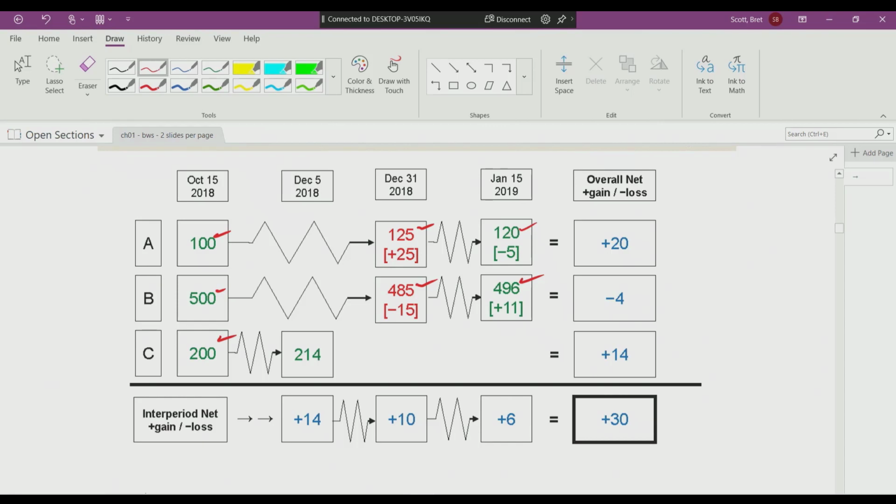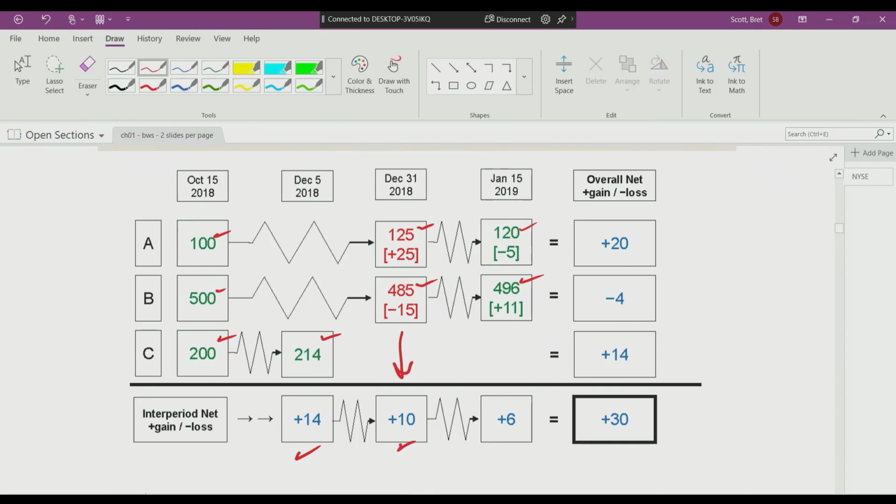So the way I sort of draw it out here is I like to get an overview from a chronological perspective. I can see that on December 5th, I've already got a realized gain of 14 from when I sold Security C. I can also see that at the end of the year, I have unrealized holding gains of 10, if I just add those items on down.